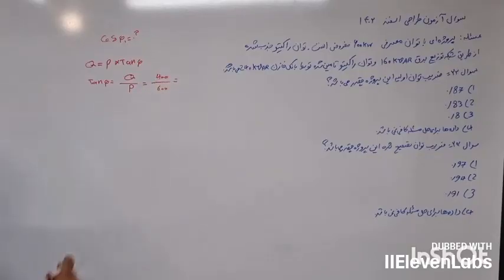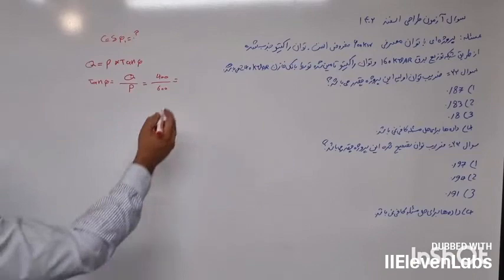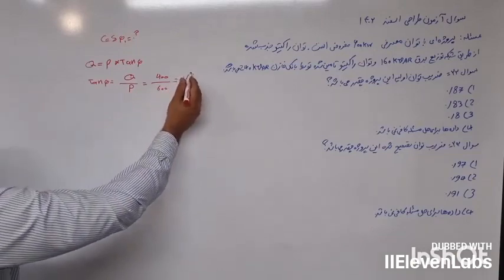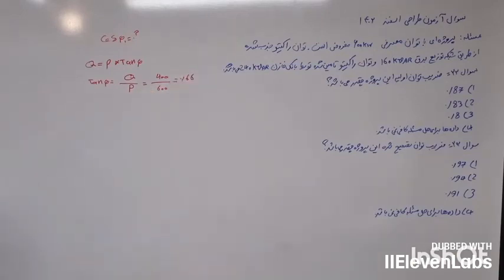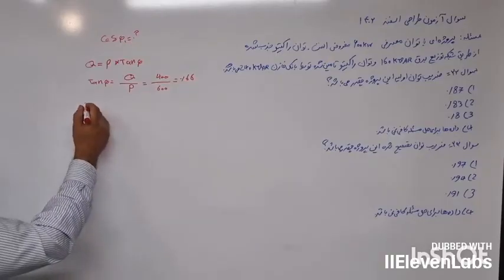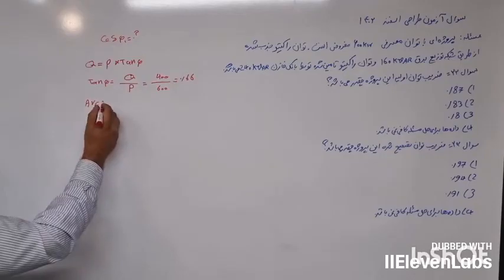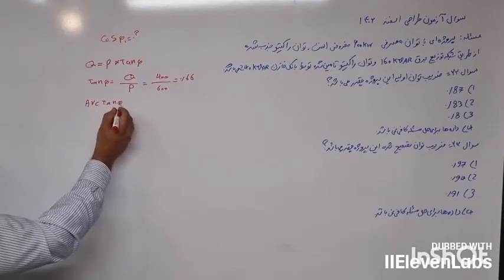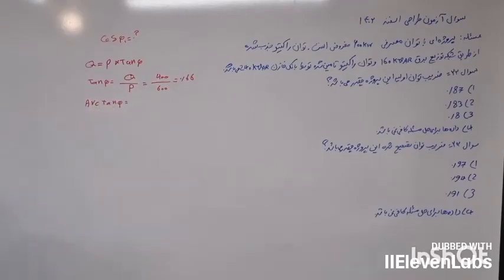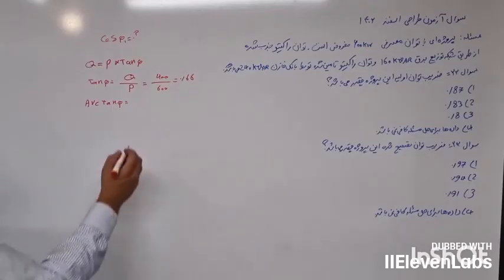If we calculate this, the answer is 0.66. Here we need to find the angle, so with the arctangent it becomes 33.16 degrees.